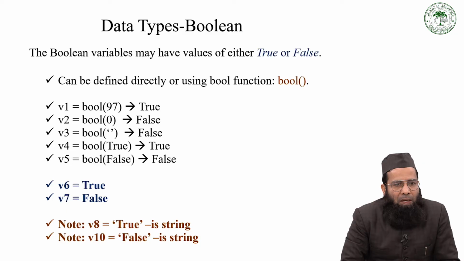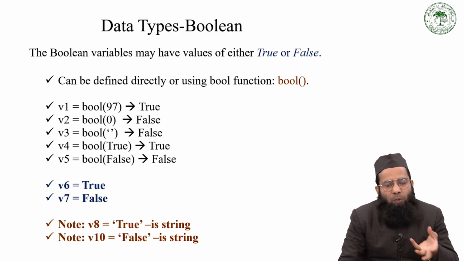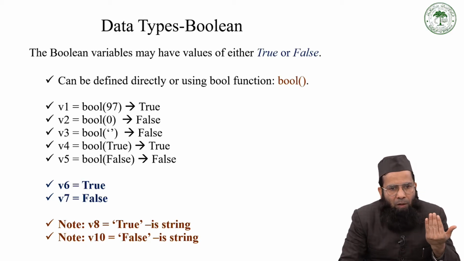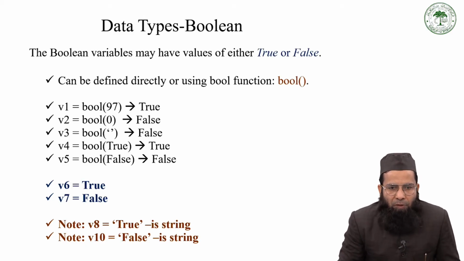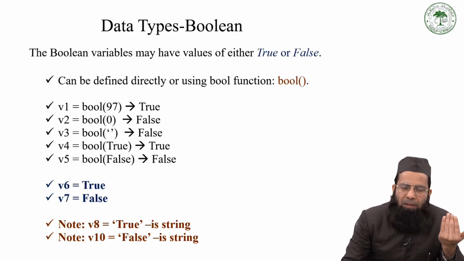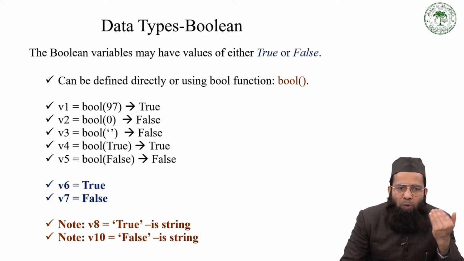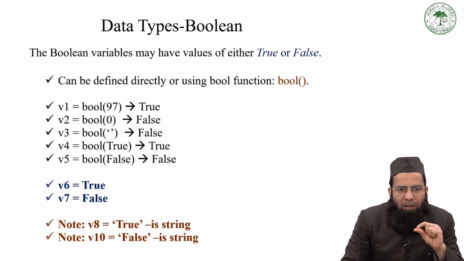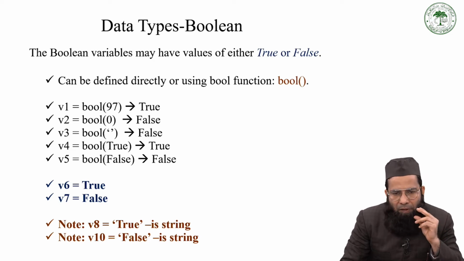Now, as far as the Boolean data type is concerned, a Boolean variable may have values either true or false. It can be defined directly or using the bool function. So there are two different ways. Like integer and float, Boolean can also be declared directly or using the function bool.